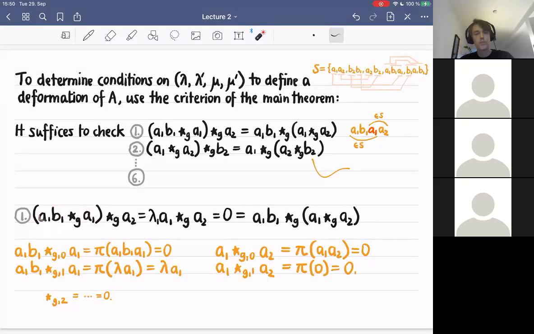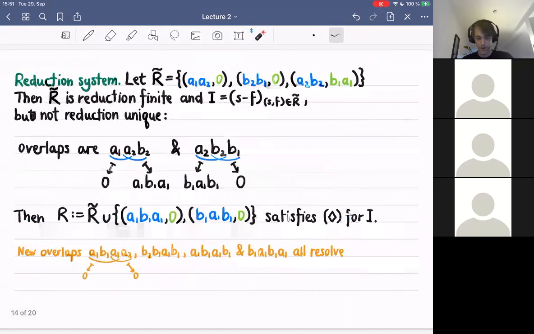Right, and now we would like to compute this star G. We use the two paths here, A1, B1 and A1, to calculate this. We write them next to each other, and for star G0, we don't use G at all, we just use the old reduction. And so A1, B1, A1 was just sent to 0 by the old reduction system.